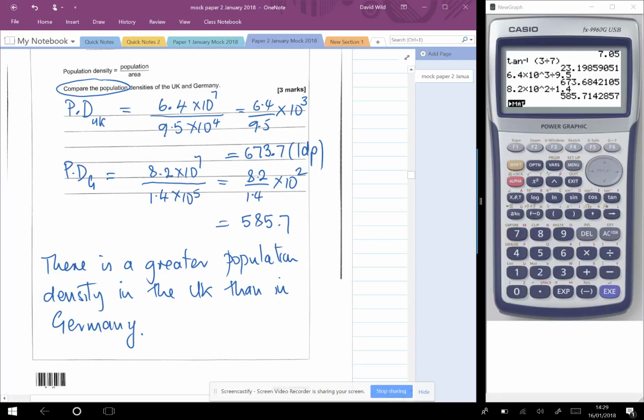Okay. It means that basically we're packed in tighter. Germany's got a lot greater population, but it's also got significantly more area in which to pack these people in.